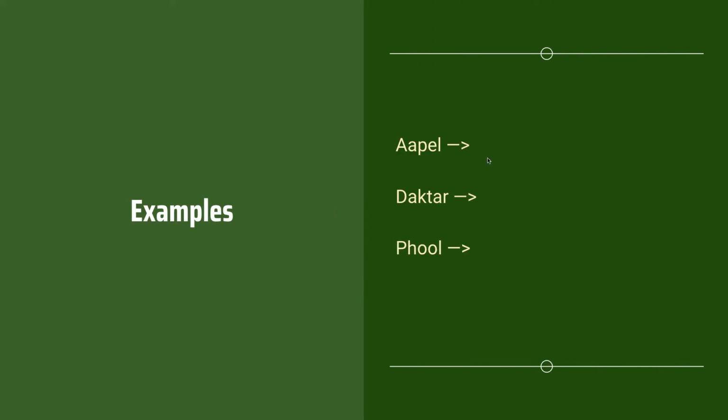First we have apel in Bengali, daktar, and fool. Please pause the video for a moment and try to guess what these mean. It's pretty easy, except for one of them, right? Ready? I'm going to begin.